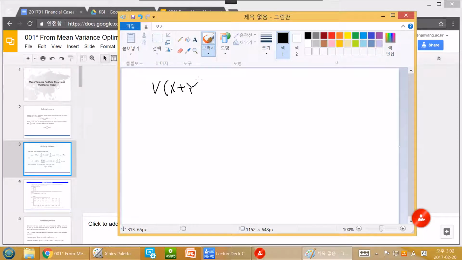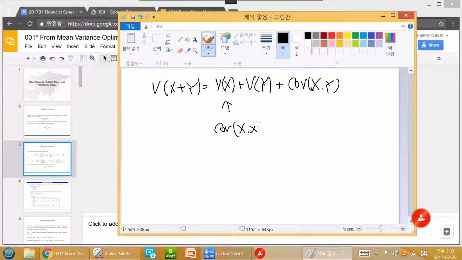In high school, we learn how to do that, right? This is simply variance of x plus variance of y plus covariance of xy. Actually, variance of x is simply the covariance between x and x. This is the covariance between y and y, right? Covariance with itself is simply variance, right?